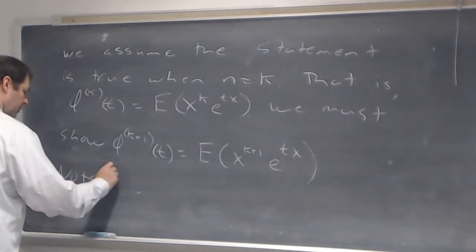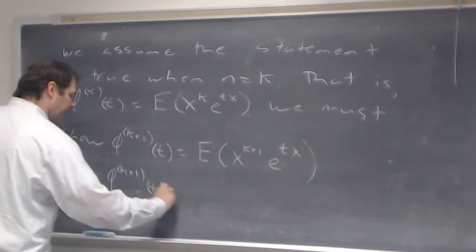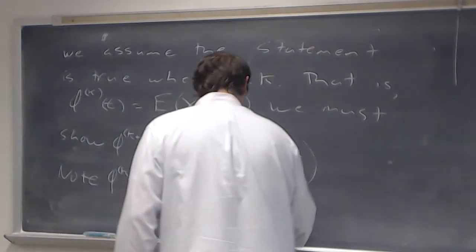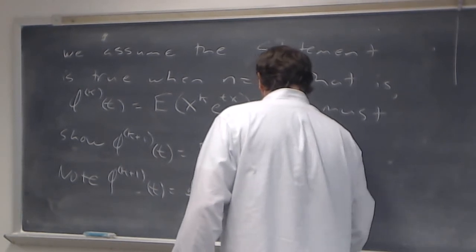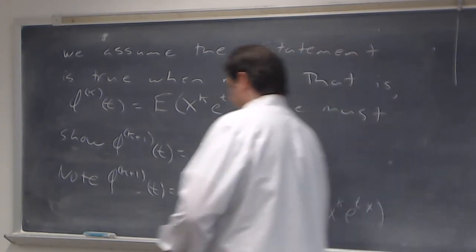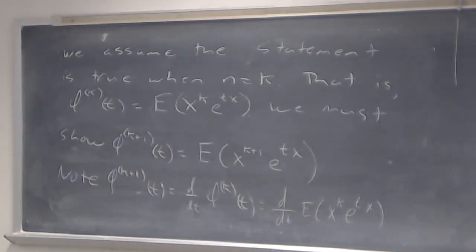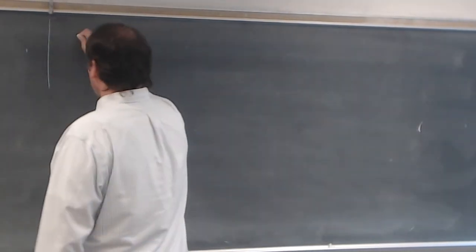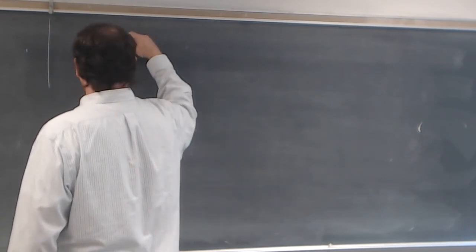Well, note the k plus 1 derivative of phi of t is really the derivative with respect to t of the kth derivative of phi, the moment generating function, and that's equal to the derivative with respect to t of, we know what this is by our induction hypothesis, the expected value of x raised to the k e to the tx, and that's going to be equal to, again, we pull the derivative inside the expected value.